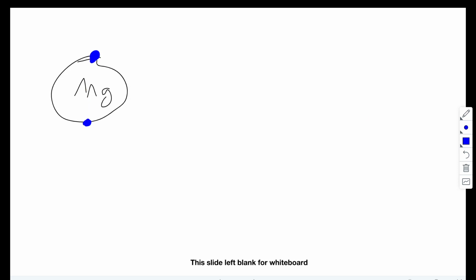And let's say that along comes another atom, and let's say that this is a fluorine atom. Okay? So we'll draw fluorine. Now, fluorine is kind of a bully, alright?